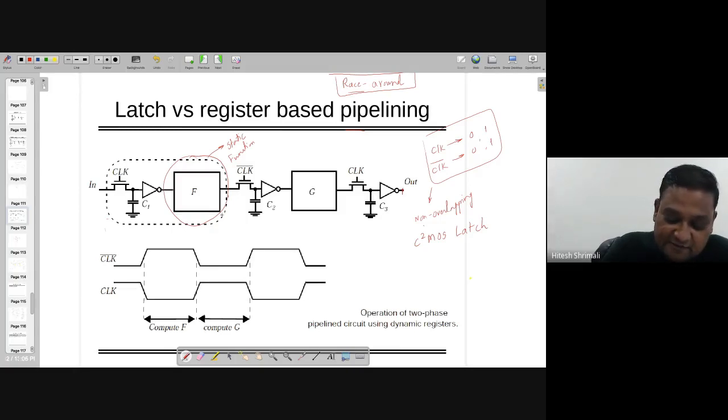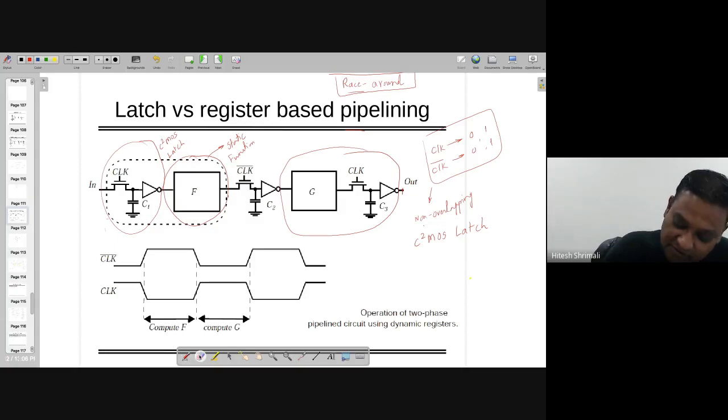So in that case, you can avoid the whole thing which we are using over here, and we can implement this one with the C-square MOS latch. Here also you can implement the whole thing with, okay, this is the third stage.